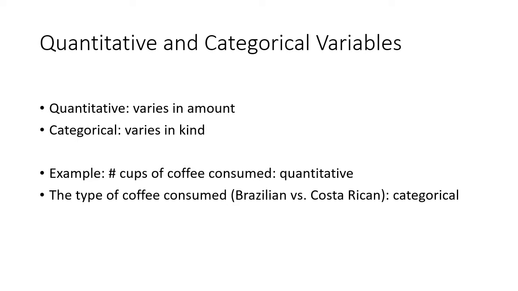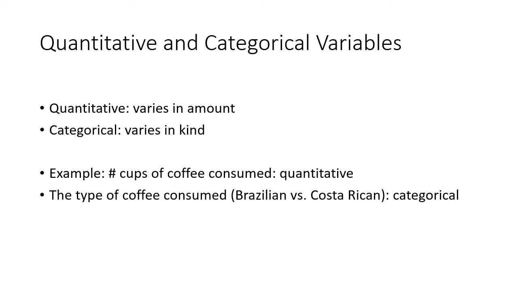Okay, now quantitative versus categorical variables. The quantitative variable basically varies in amount, so quantitative variables run on the same spectrum. Categorical variables vary in kind. The example of a quantitative variable would be the number of cups of coffee consumed. Another name for this would be continuous variable.